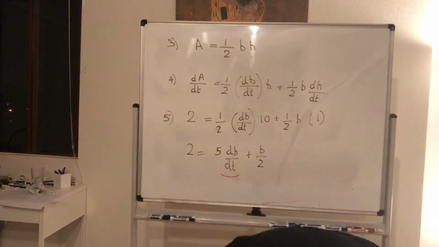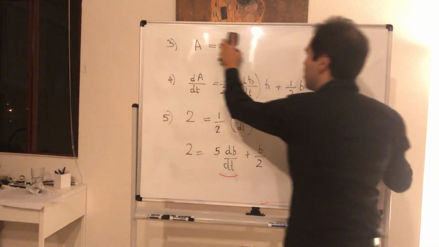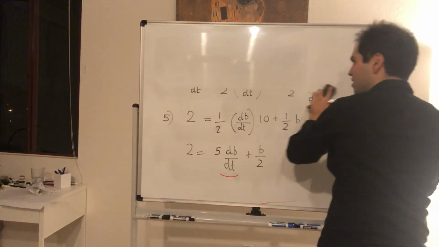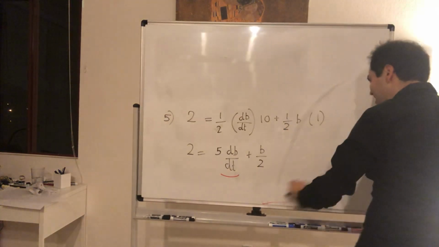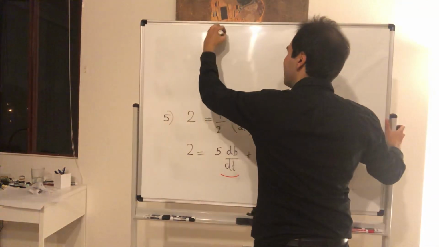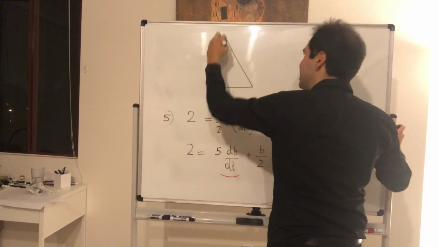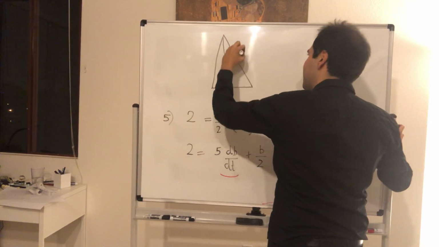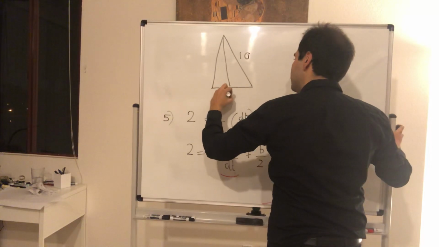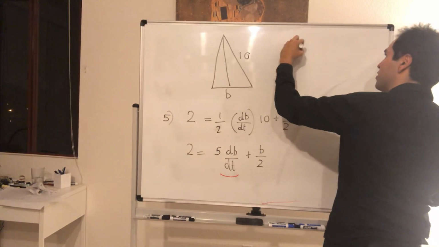For this, it's useful to draw a picture with all your variables plugged in. This is very standard in related rates. It seems that you're doing your work twice, but it is pretty useful. Because now we know that the height is 10 and the base is b. And also remember, we know that the area is 100.